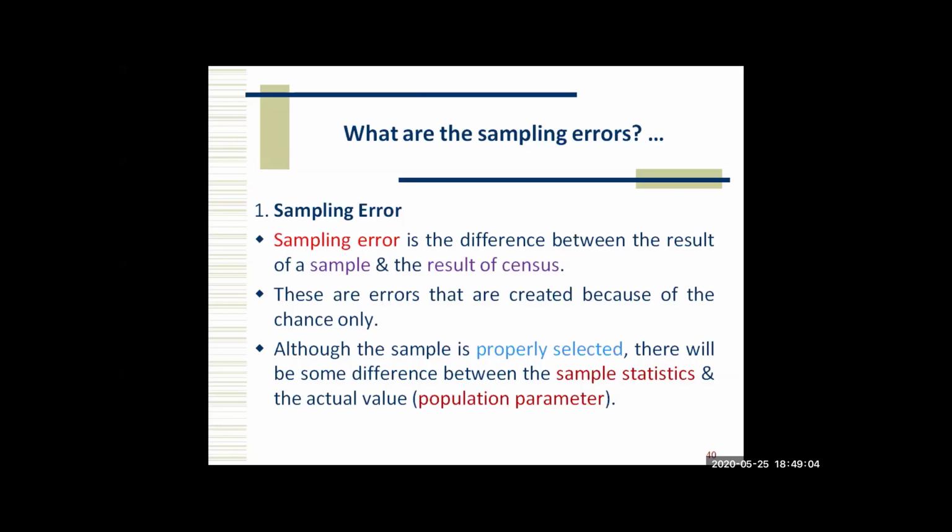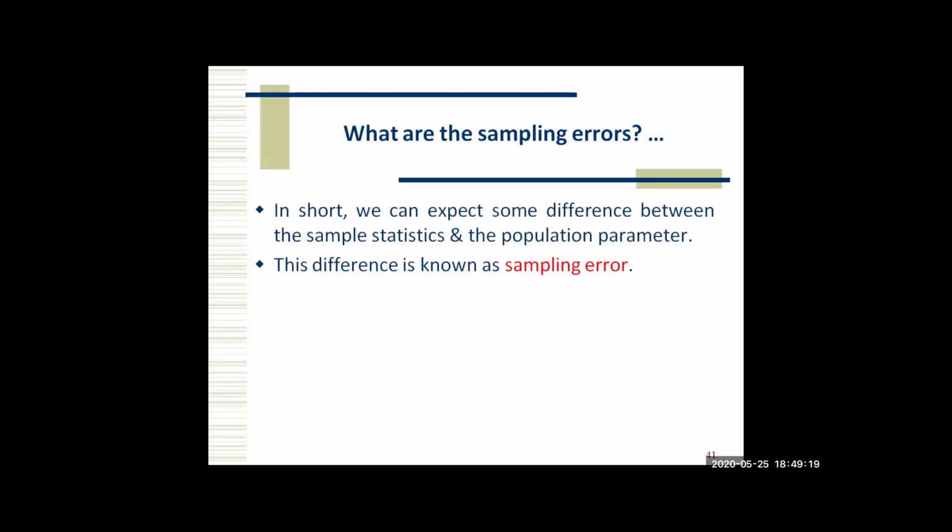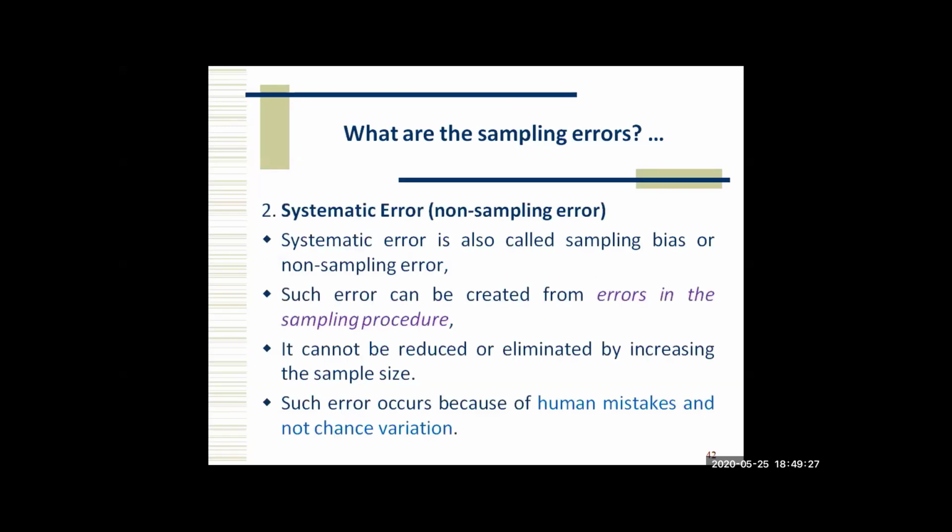Otherwise, it is not possible to know exactly, to get an identical result from the population. That was the point. Therefore, as much as possible, minimize the error, which is the first part. This difference is also known as the sampling error, and that is almost common in any research.